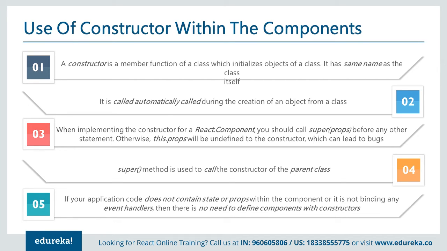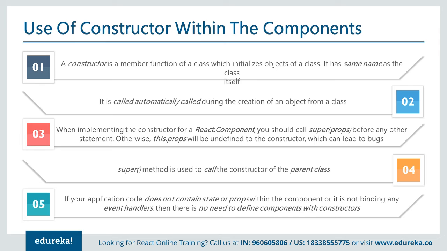Whatever programming language you pick, whether it be Java, Python, Node or JavaScript, the constructor is always the first thing that gets called inside the class, and all the declarations we do inside the constructor. So a constructor is a member function of a class for initializing an object of the class. It has the same name as the class itself, but here we don't have to give the name. It is called automatically during the creation of an object from a class. In Java it is automatically created, but here we create it implicitly.